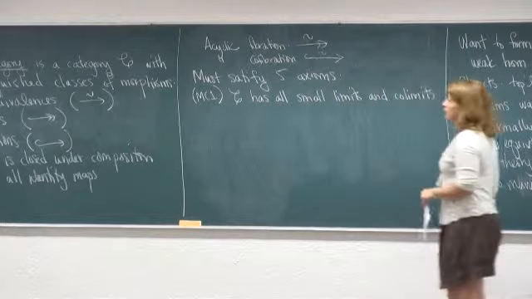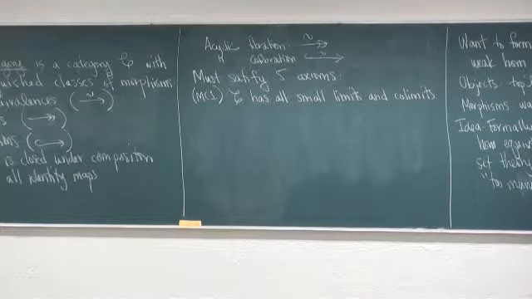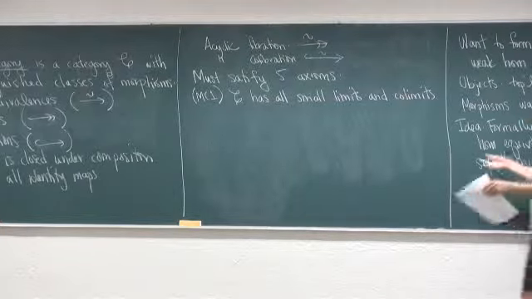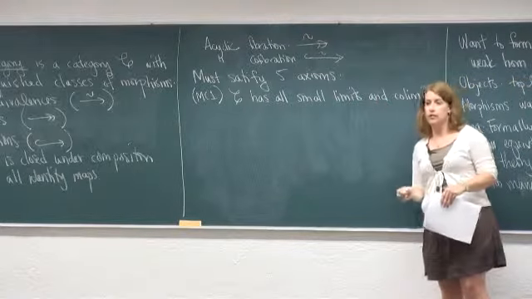In particular, that means these are basically never going to be small categories. They're always going to be large because we need to have a lot of stuff in them.